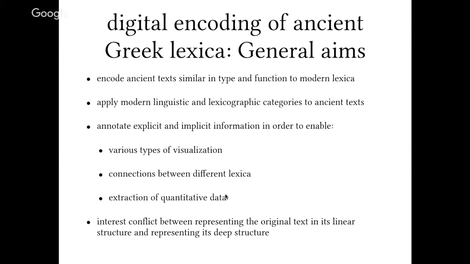And it is very common that the linear structure of the text is not very helpful if we think in terms of representing the deep structure and the relationships in the dictionary. That means, more or less: do we make an addition, or do we extract information from the dictionary that we annotate and make this or that type of database? We always have to keep in mind that there is a conflict between these two aims.